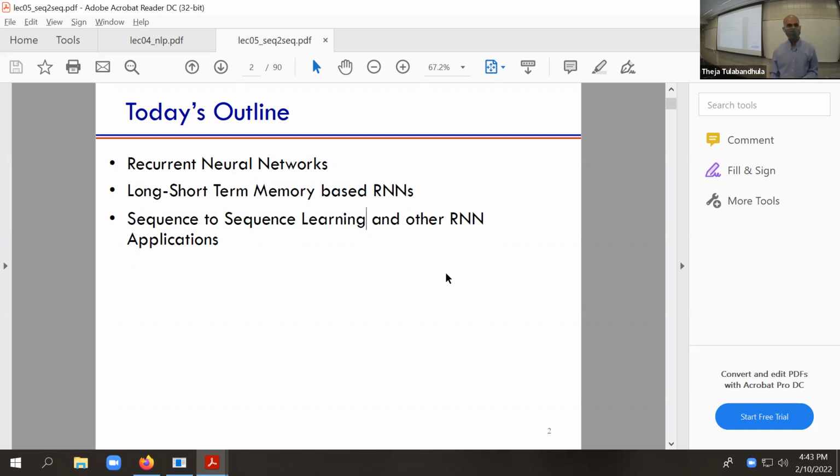If we have time, which I'm not sure of, we'll talk about something called the attention mechanism. The next lecture will be the interesting one, where we'll talk about transformers and attention. Attention is a very general word, but in the context of deep learning, it means a couple of things. So we'll look at them.